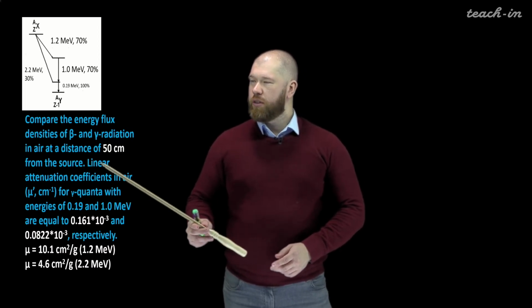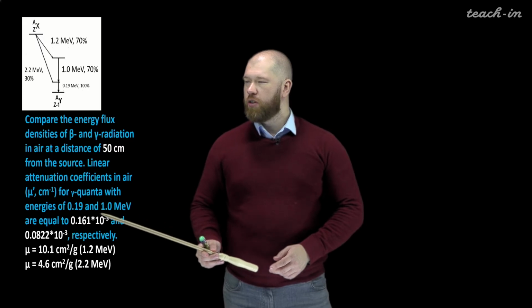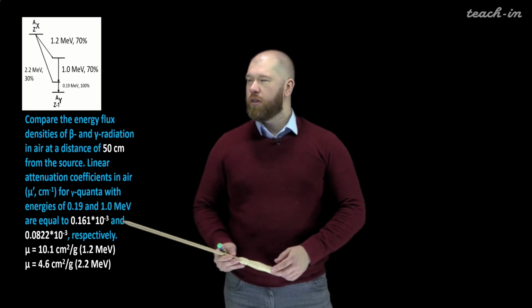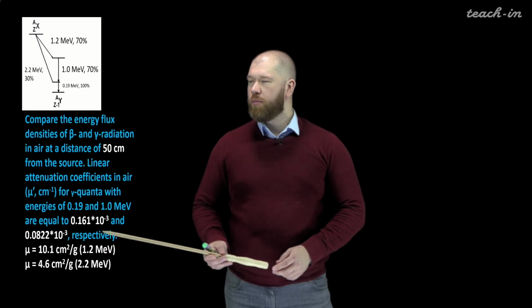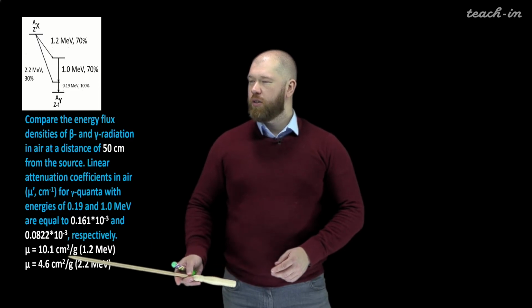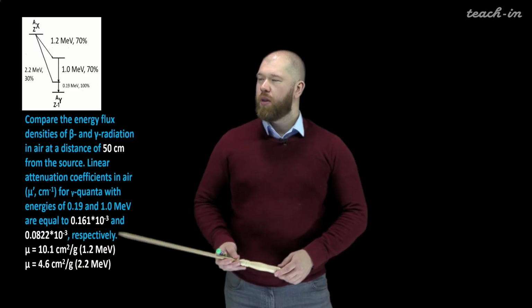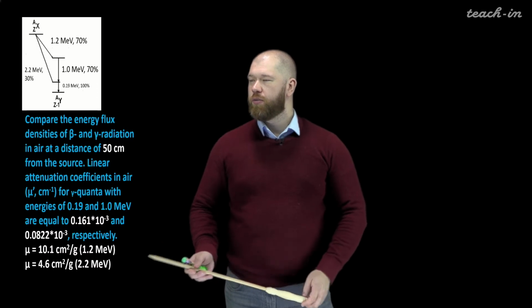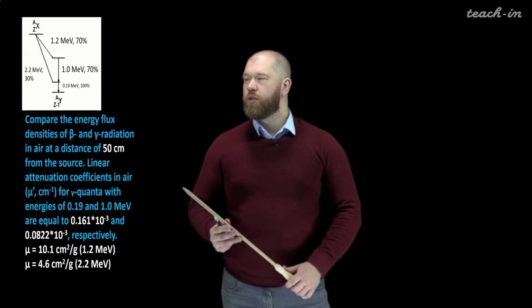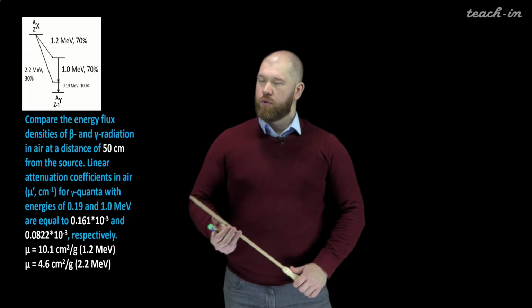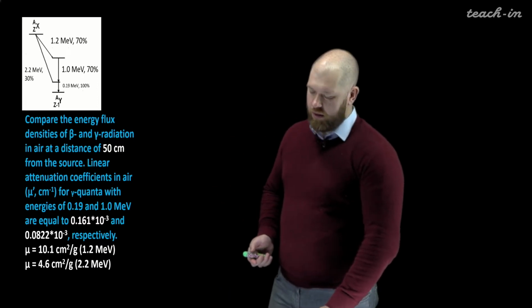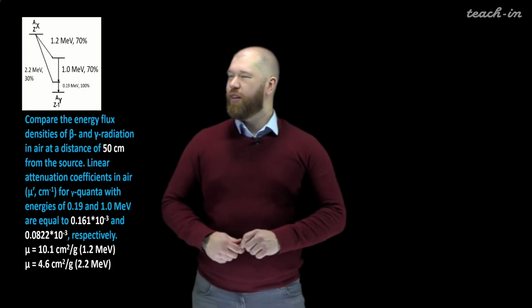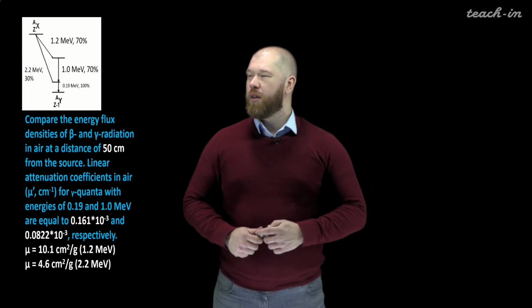And there is some additional information about the linear attenuation coefficients for gamma quanta and the mass attenuation coefficients for our beta particles with these maximum energies. So let's try to solve this task.